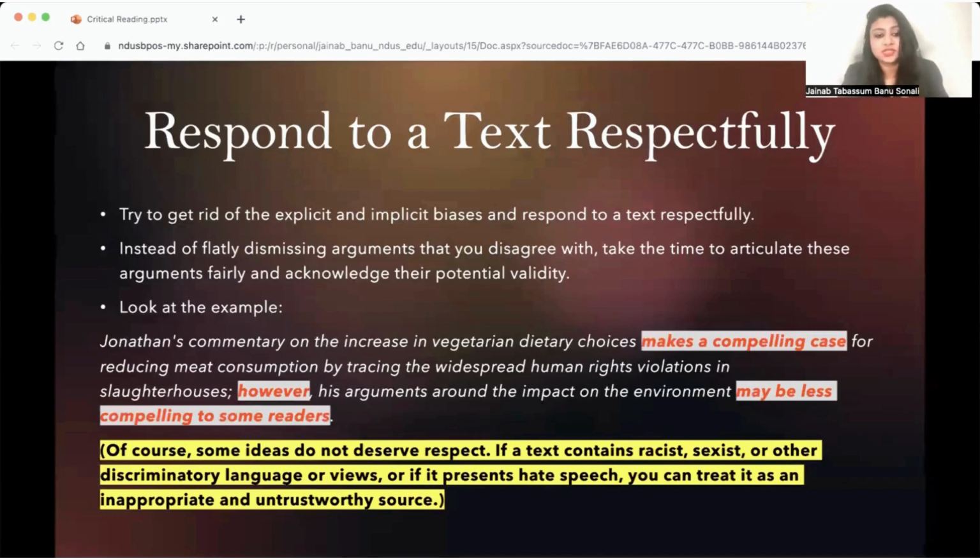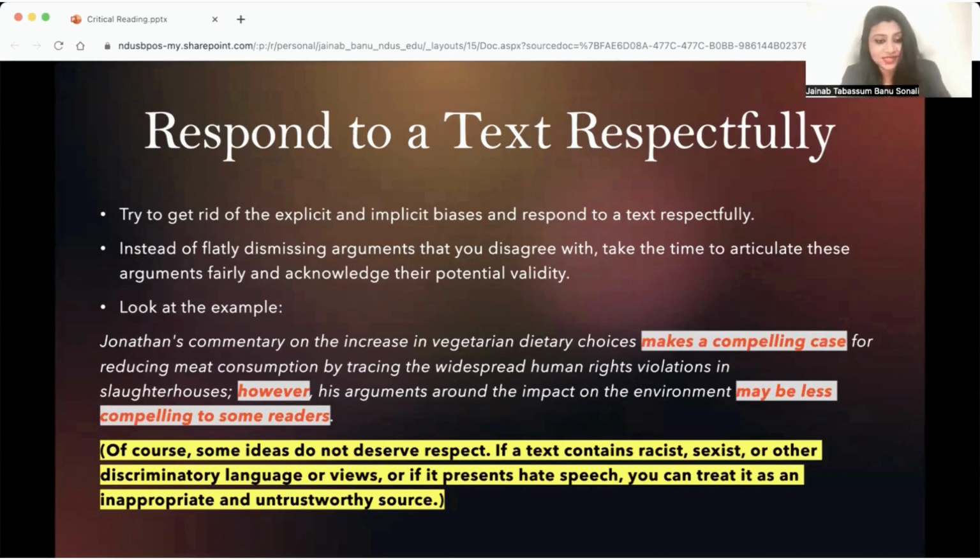So you're not just dismissing the idea, you're not disrespecting the idea of that particular writer called Jonathan, but you're just saying that it might be compelling, but might not be compelling for other readers. So you're using transitional words like however, and you are dismissing it, by the way, but you're dismissing it subtly, I mean, respectfully, not bashing the author or the text itself.